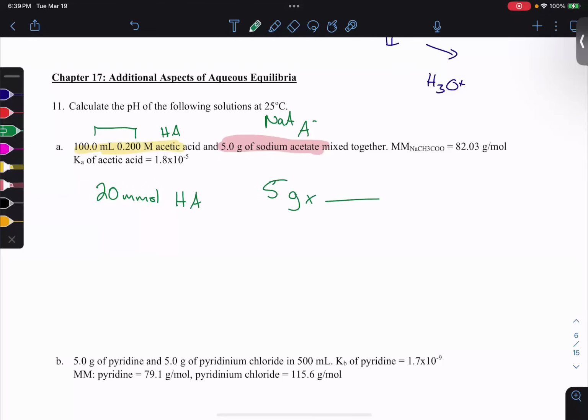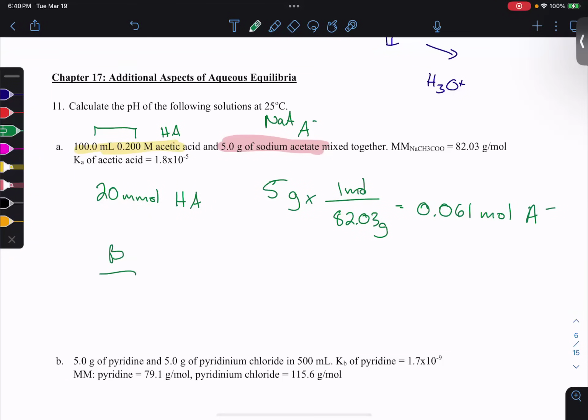We're mixing it with 5 grams of sodium acetate. We haven't done one of these in a while. Use molar mass to convert 5 grams to moles. So 82 goes on the bottom, 82 grams per 1 mole. So this solution has 0.061 moles of A-.